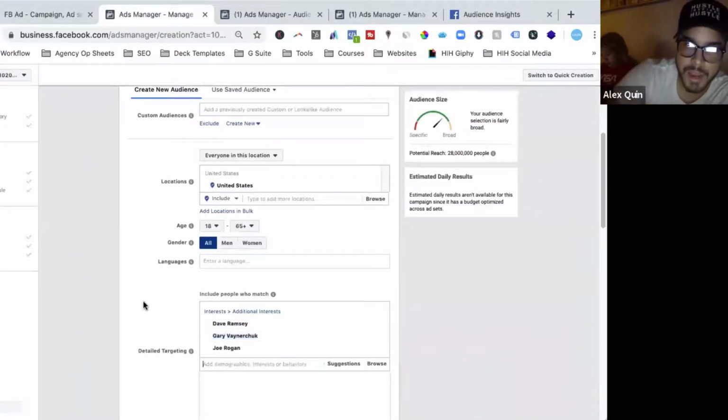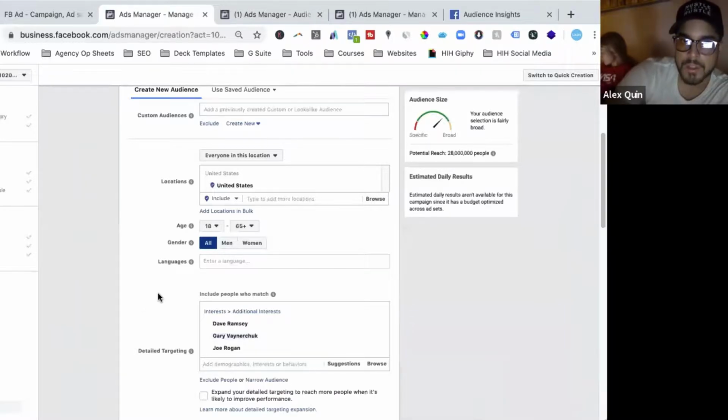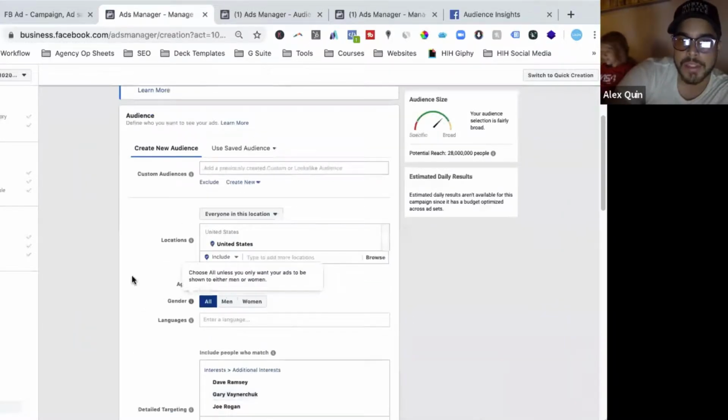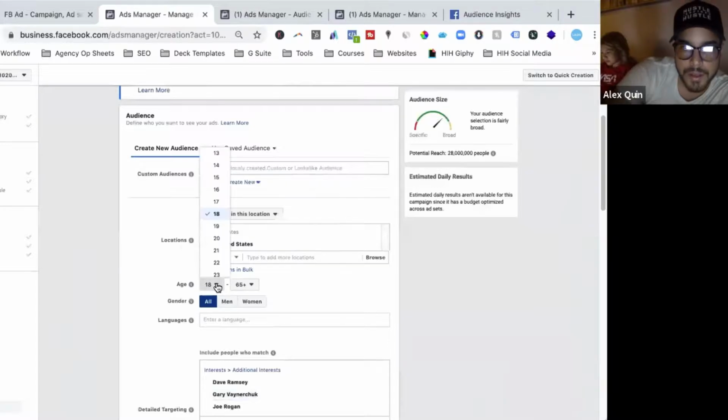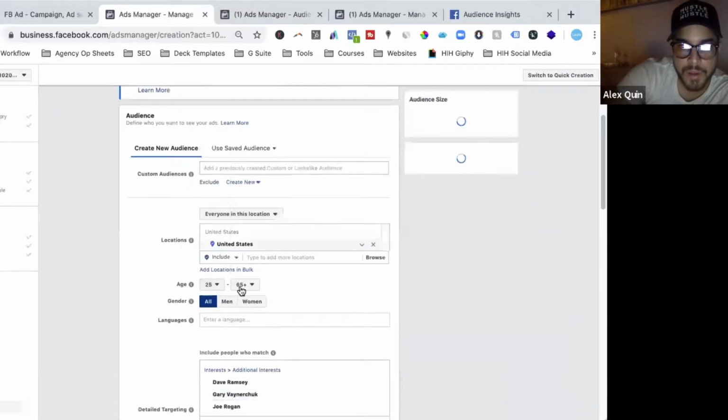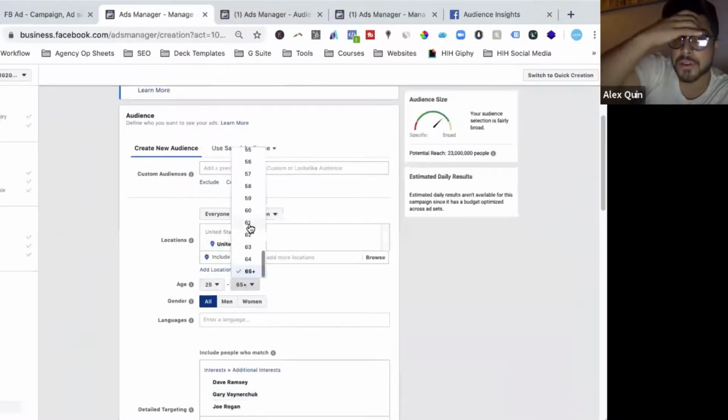Okay, let's say it was just that, right? So people in Miami, age, let's say, in this specific part of the funnel, we're probably going to go 25 to as far as 45, which would be the actual potential converters. Let's say that we were selling tickets to an event.